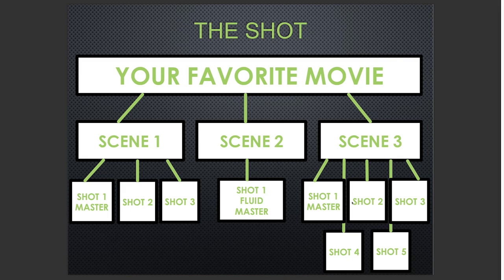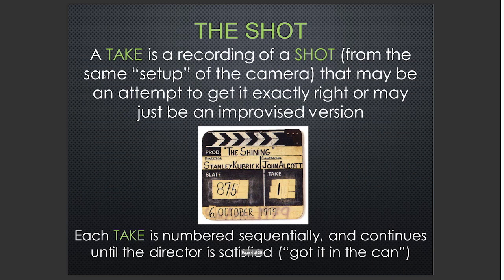You may only have 5 of the second shot that's a close-up of character one. It just varies from each shot. But the idea of a take of a shot is every recording that you have until you get it right. All right, with that said, we're going to move along.